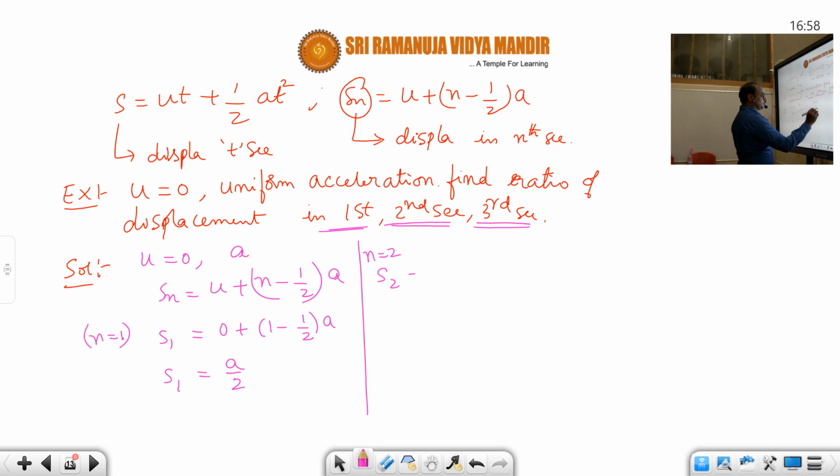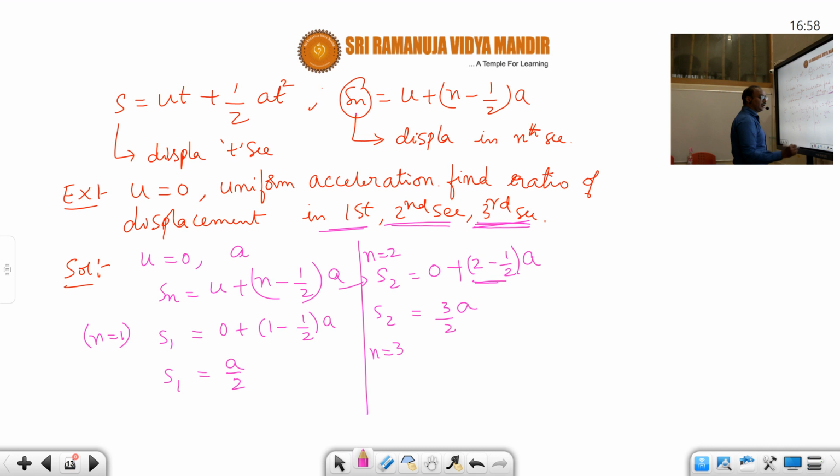Then n equals 3, for the third second also we need to calculate. S3 equals starting velocity 0 plus (3 minus 1 by 2) into a. That is 2 into 3, 6 minus 1, that equals 5a divided by 2, that is S3.